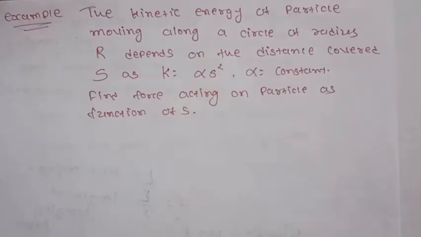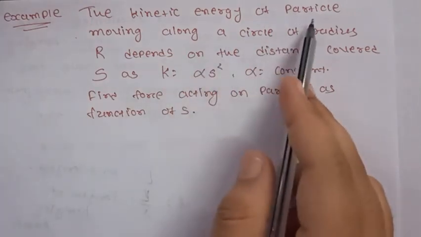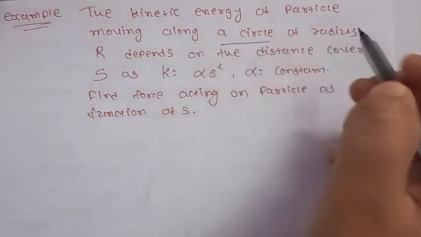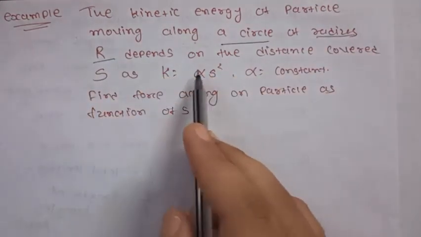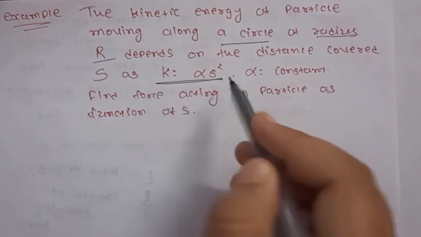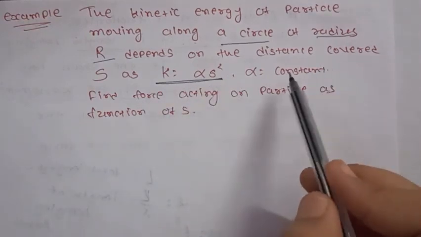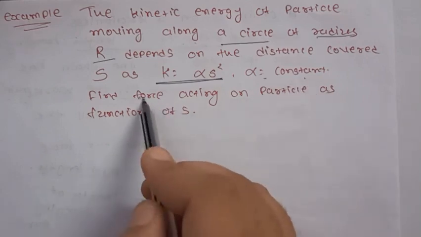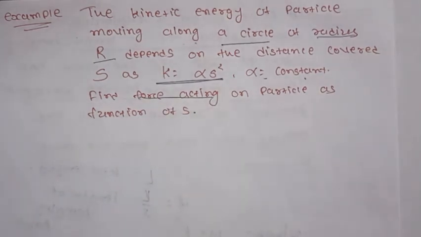In this example, the kinetic energy of a particle moving along a circle of radius r depends on the distance covered as K equals alpha s square, where alpha is constant. We want to find the force acting on the particle as a function of s.